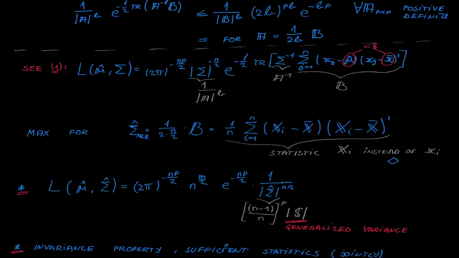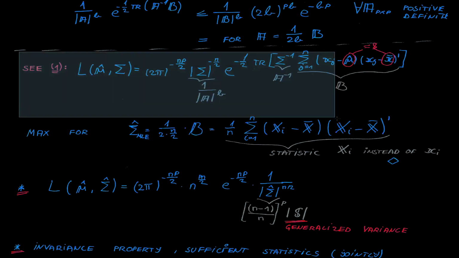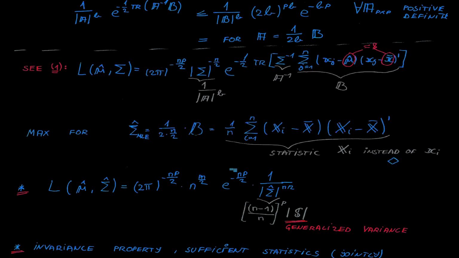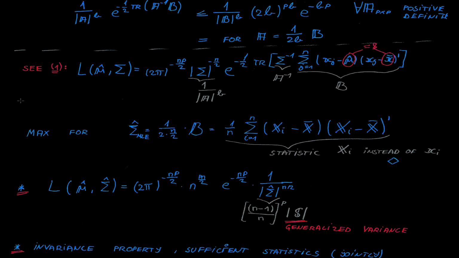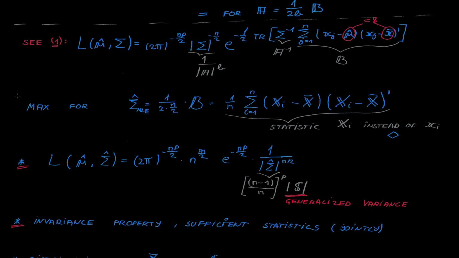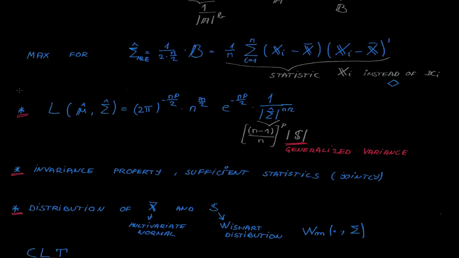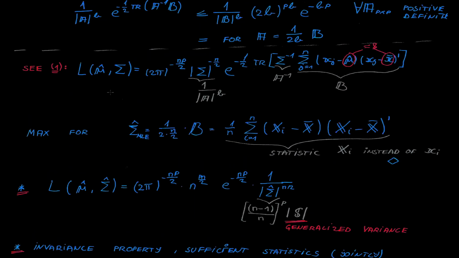But as I said, we will try to avoid multivariate calculus, so this would be enough for you to know for now. You should just keep it in the back of your head that there should be more calculus. And this is how we proved what our maximum likelihood estimators are.